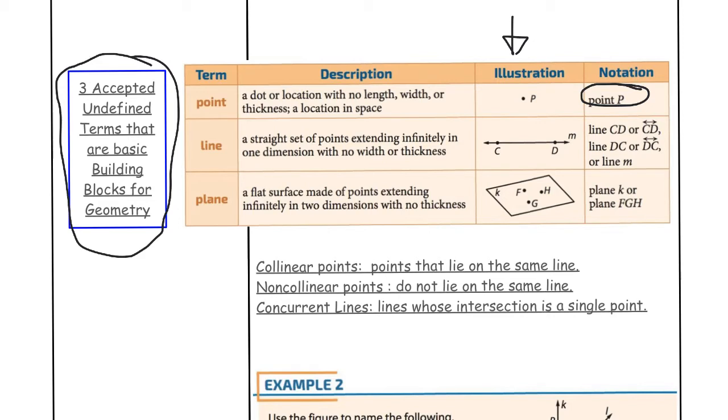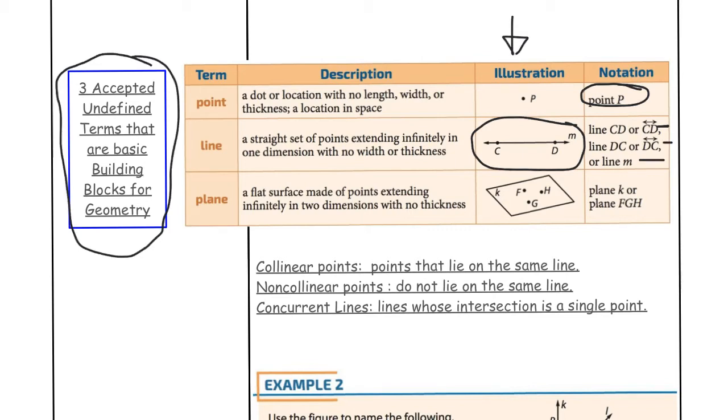A line. A line is a set of points extending infinitely in both directions. Okay? It goes indefinitely to the right and indefinitely to the left. The line also has no width or thickness. This is the illustration of line M. Now we could call this line M, or we could call it line CD, or we could call it line DC.